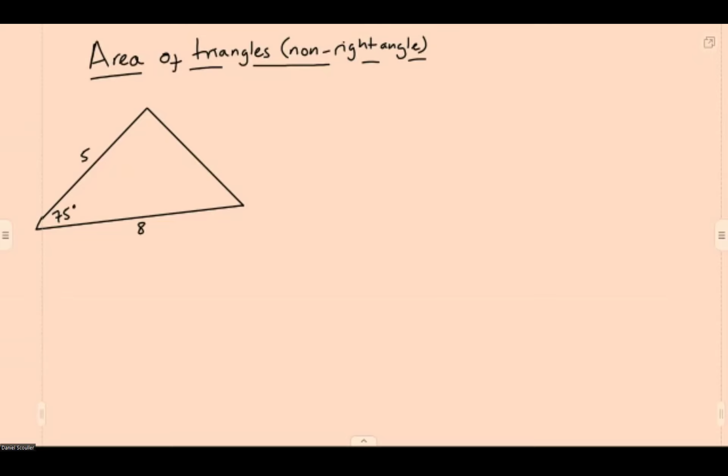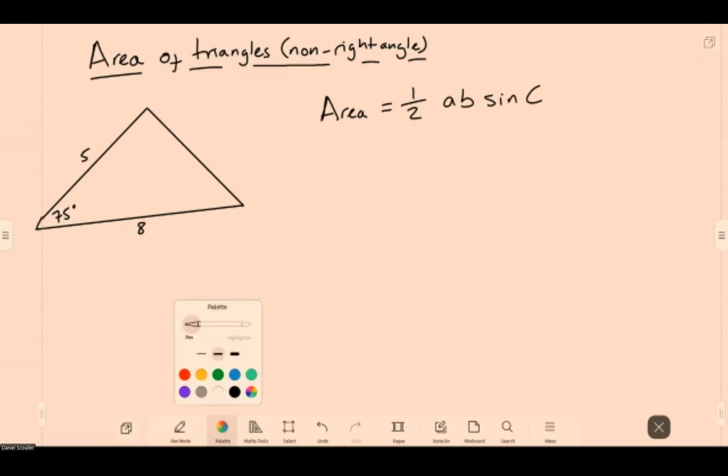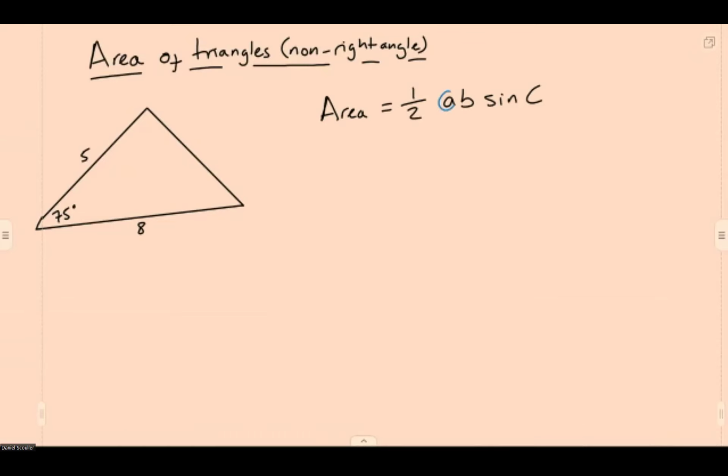Given in your formula sheet will be the formula: area is equal to half ab sine C. So what's that saying? Well, we need two sides, and we need one of the angles.